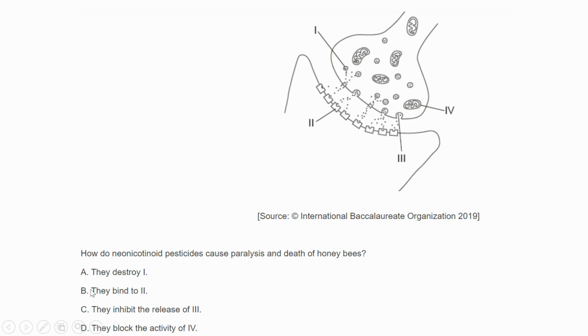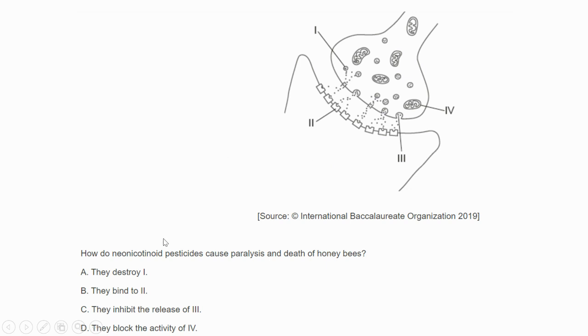B, they bind to number 2. In this cell, it looks like these little blocks have these little dots binding to them, so this must be the acetylcholine receptor. B is the right answer. The acetylcholine normally binds to the receptor, but instead the neonicotinoid binds there and shuts down this cell.